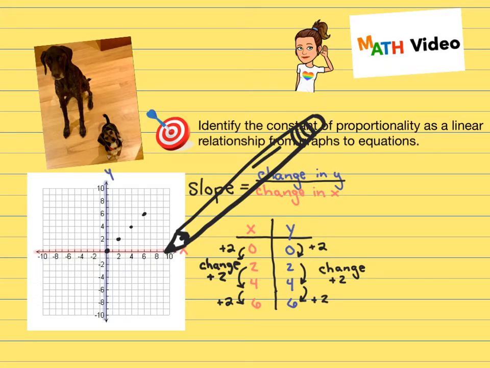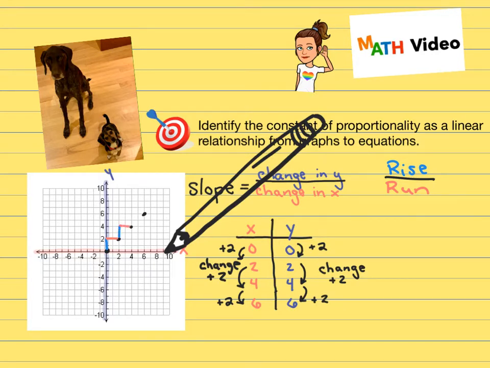The ratio of slope is often called the rise over the run. We can see this relationship on the graph as we rise up 2 and we run over 2. The change in the y is 2.